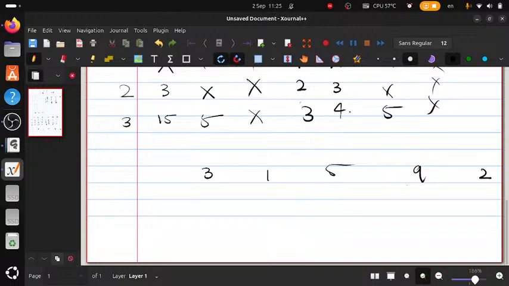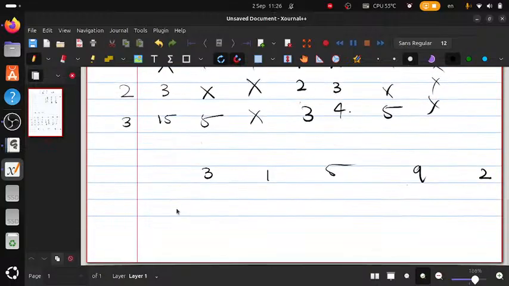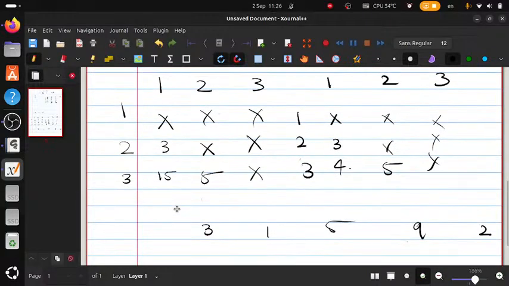So start from 1 and we go to 2, and I guess, right?